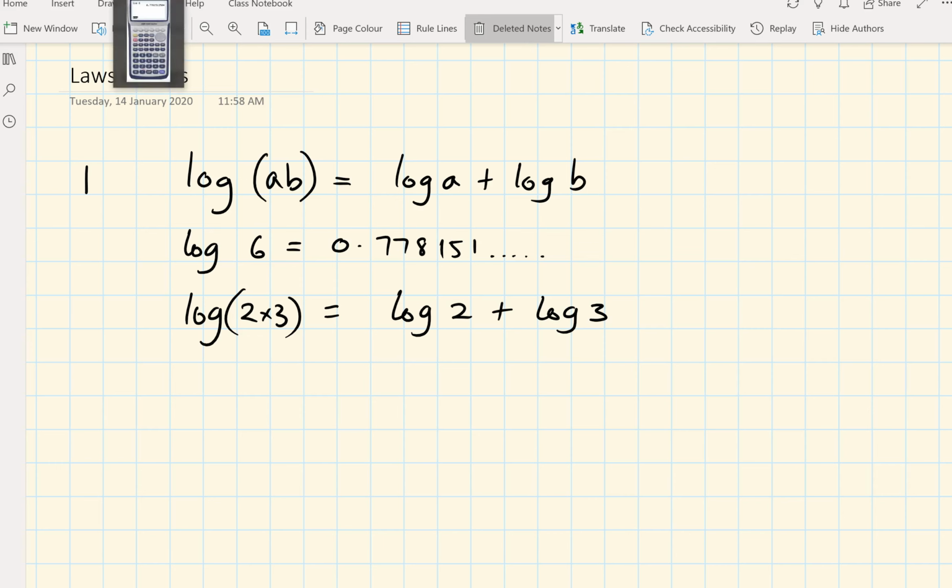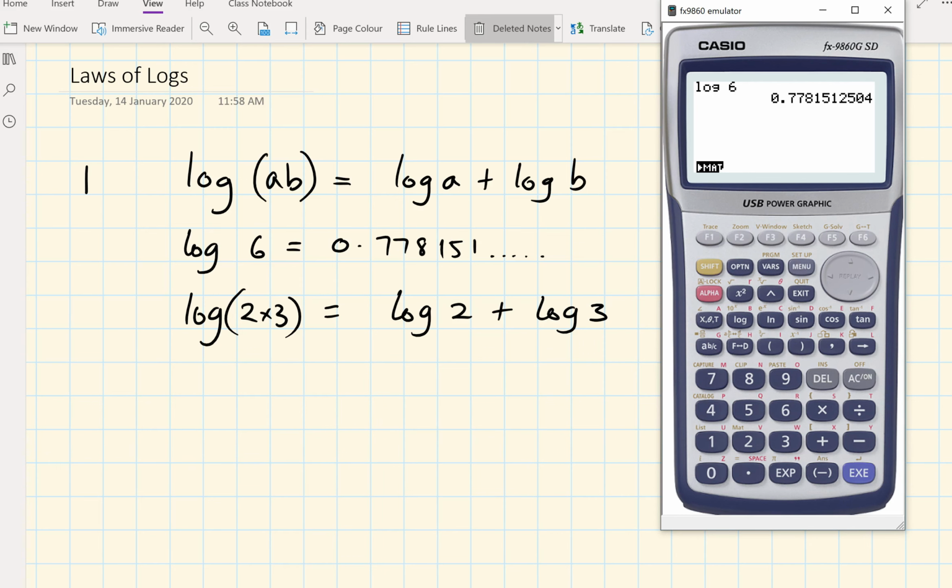Let's see what happens when I punch those into the calculator. The log of 2 plus the log of 3 gives me that number there. And if we compare those two together, we can see that they match up.